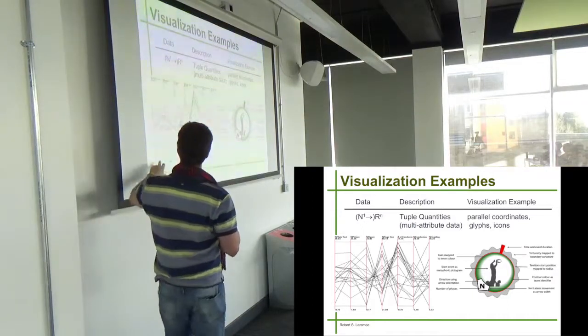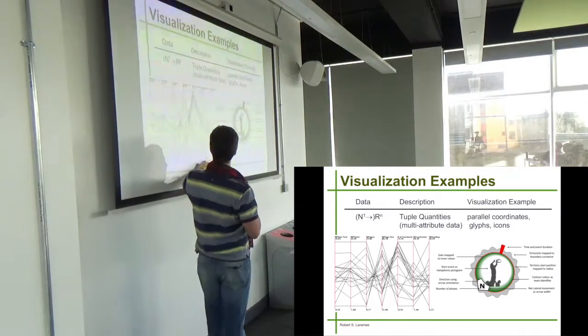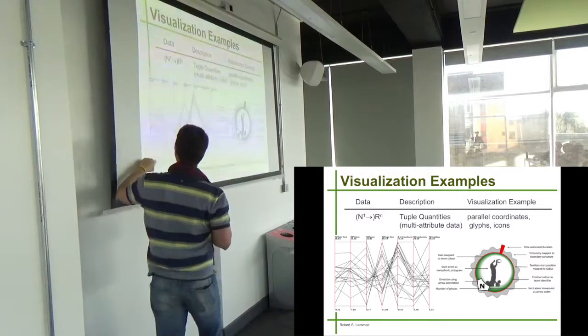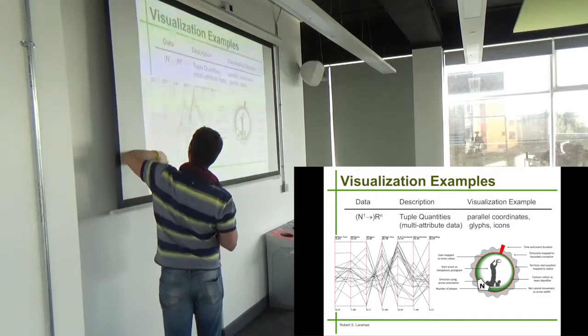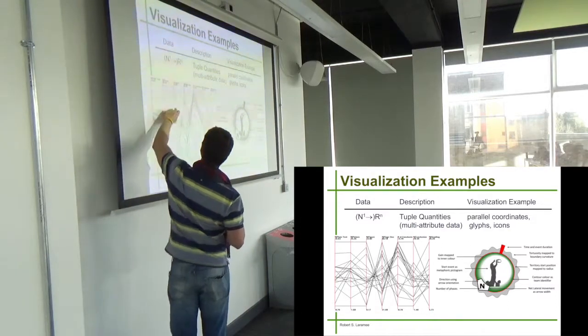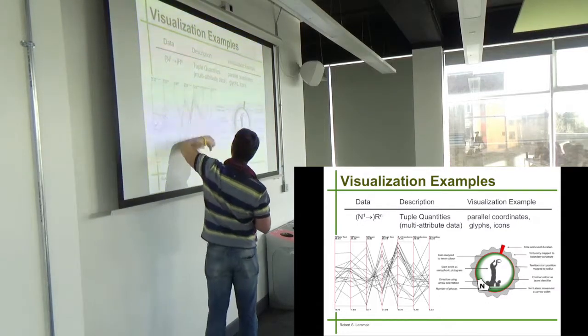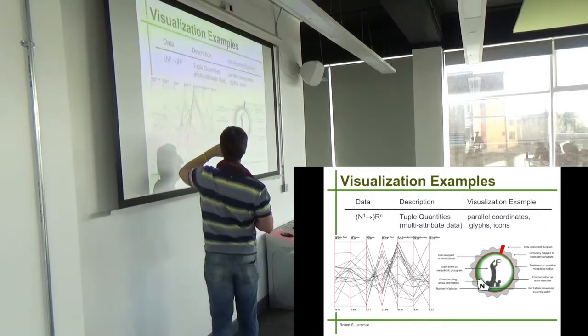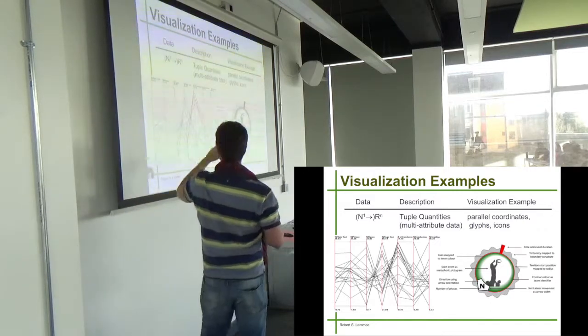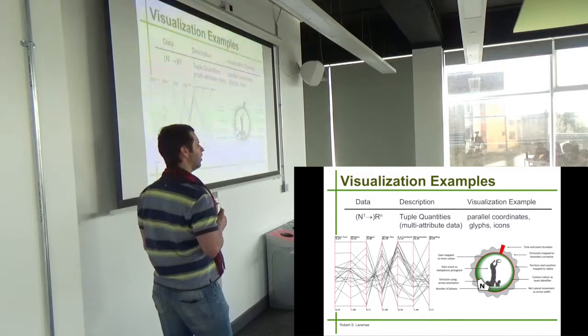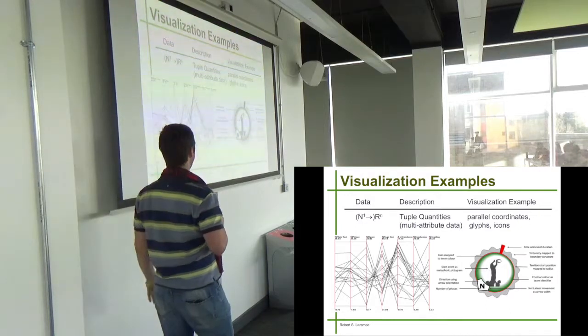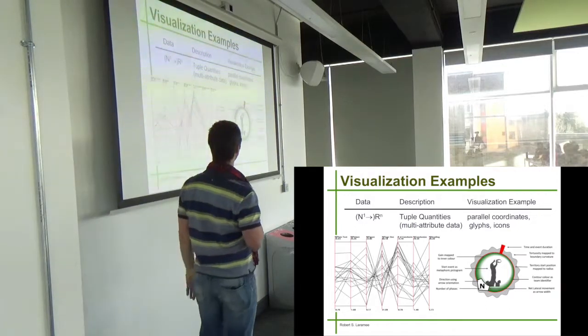So here we have an arbitrary number of dimensions in the data space, and they're being mapped to vertical lines in the visualization space, so plotted along those lines. And this will make more sense later on. That takes some explanation. It's just an example.